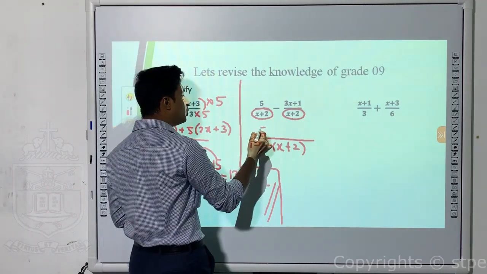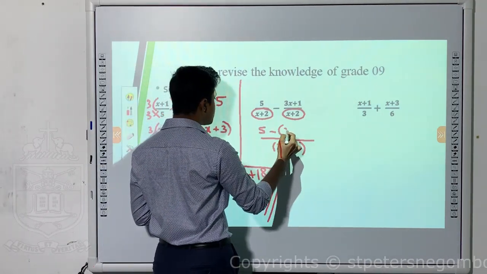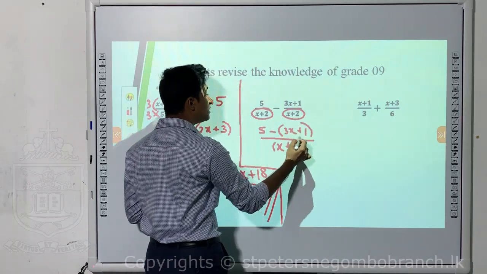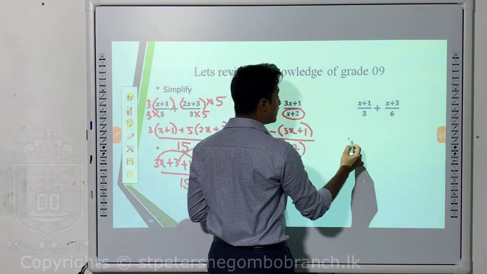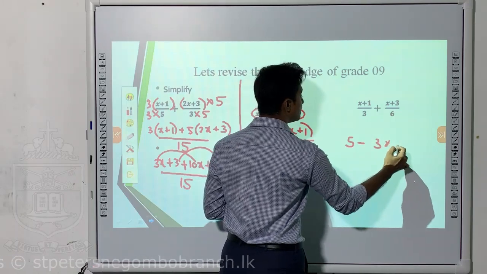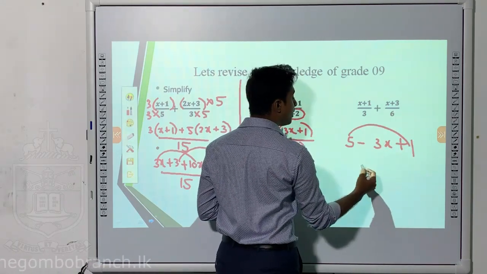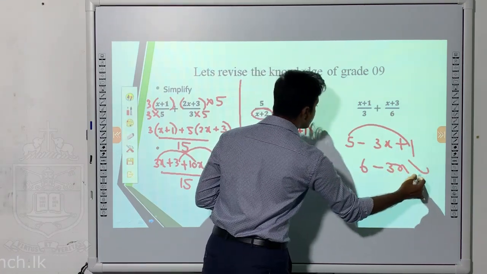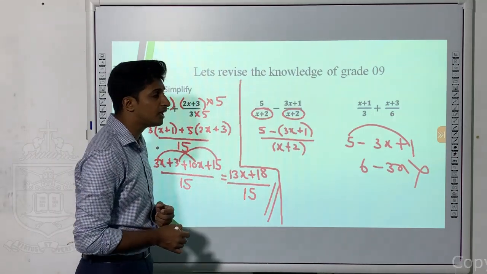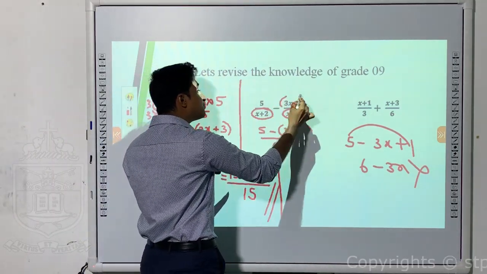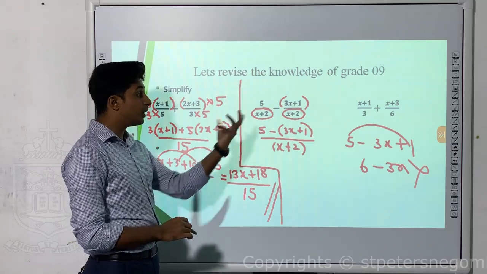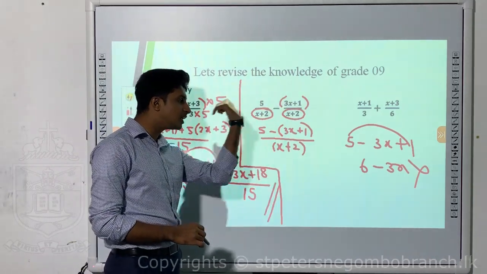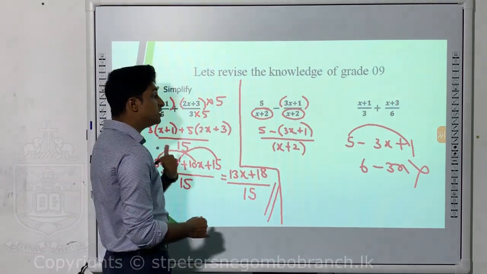So don't do any change but use brackets, because if you don't use brackets in this question, what will happen? It will be like this: 5 minus 3x plus 1. Then you will take 5 plus 1 is 6 minus 3x. This is wrong. You can't take like that, because this minus is for both these terms. So when this is coming out, it will multiply by the minus and the signs will change.